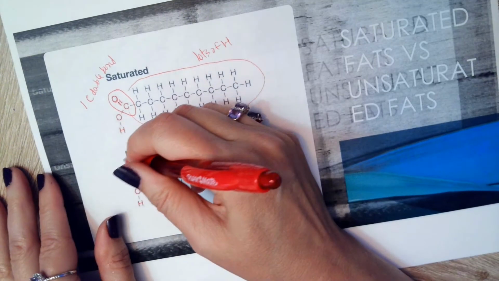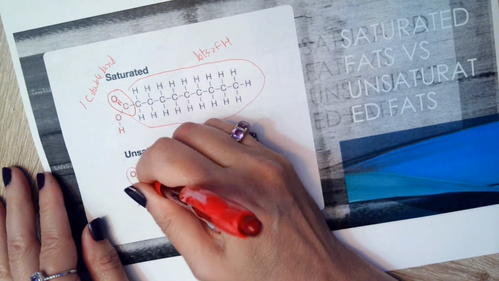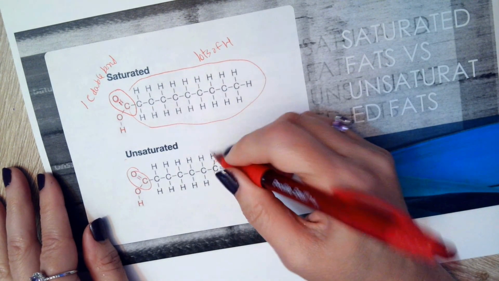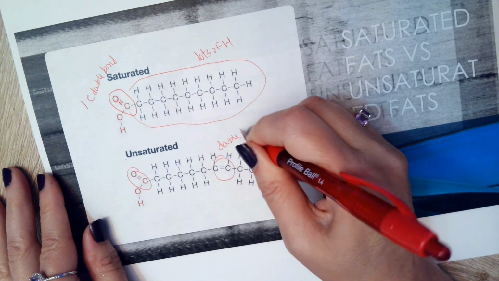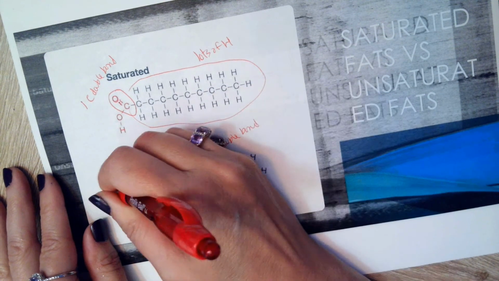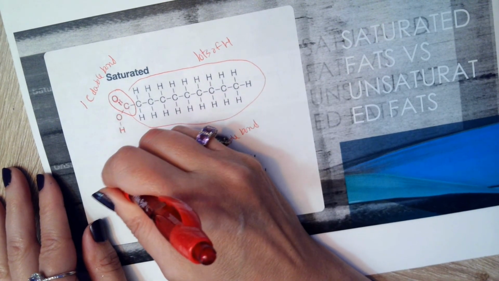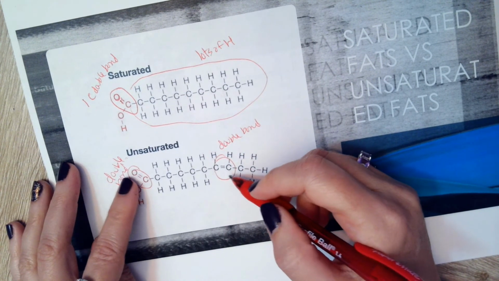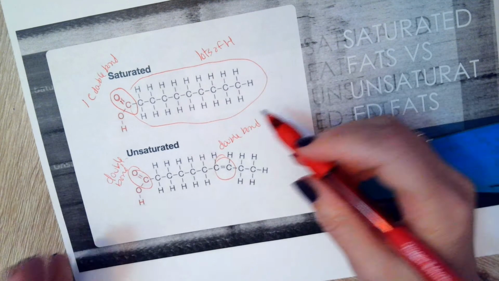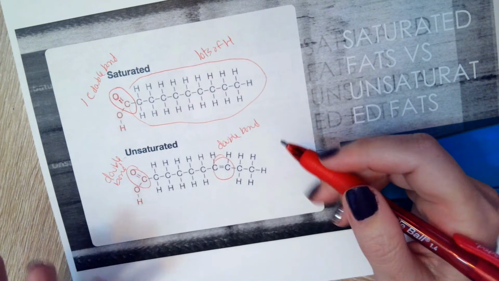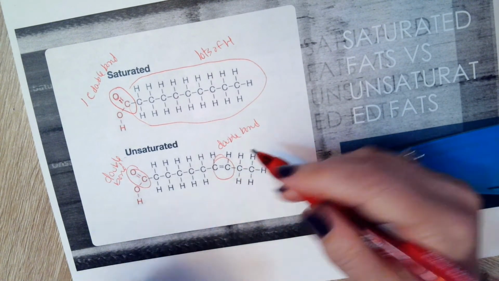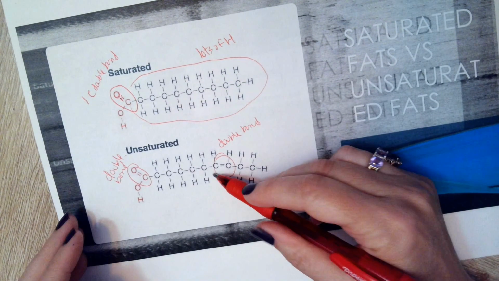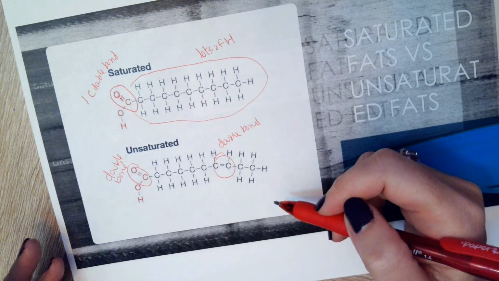Now, an unsaturated fatty acid, there's one double bond, there's another double bond, so it has 2 double bonds on different carbons. That makes it unsaturated because it doesn't have the maximum amount of hydrogens. That double bond essentially kicks a hydrogen off of each of these carbons that are involved in the double bond.